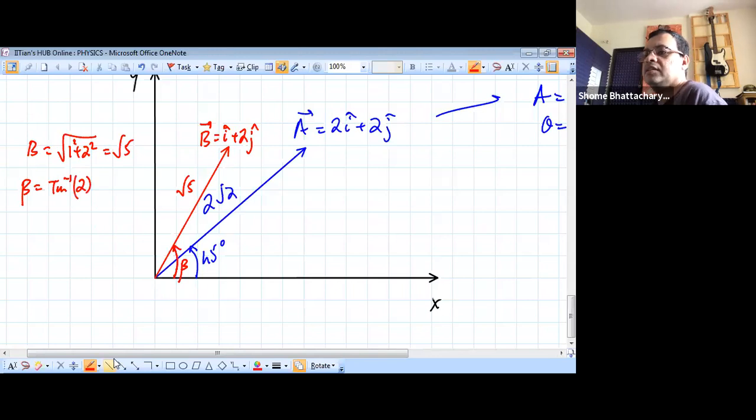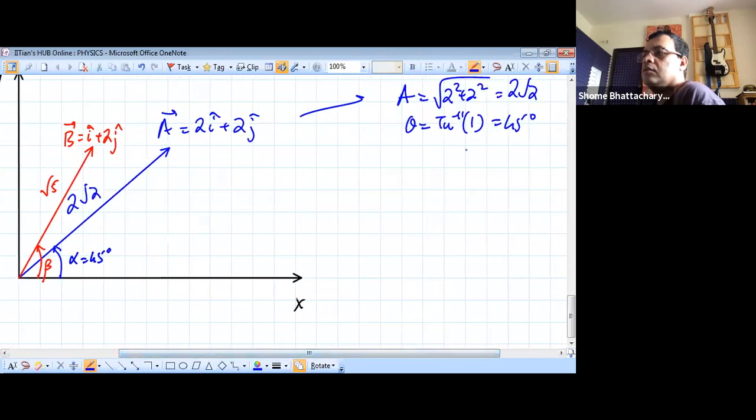Okay. And let us say this angle which we have written 45, I am labeling as, suppose, alpha. So alpha is equal to 45 degrees. This is alpha.